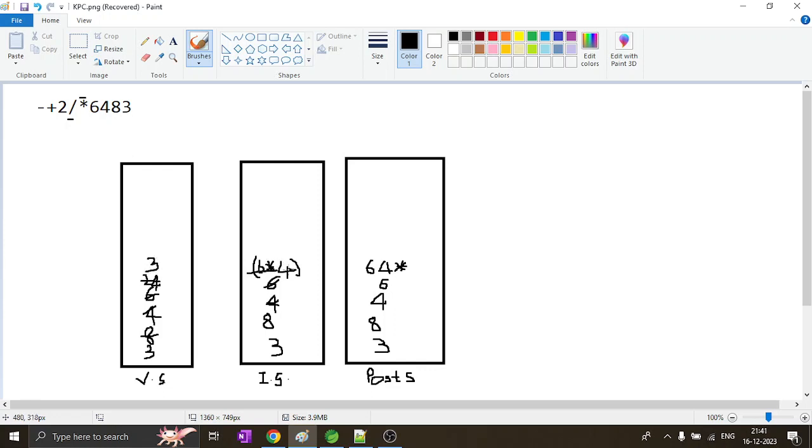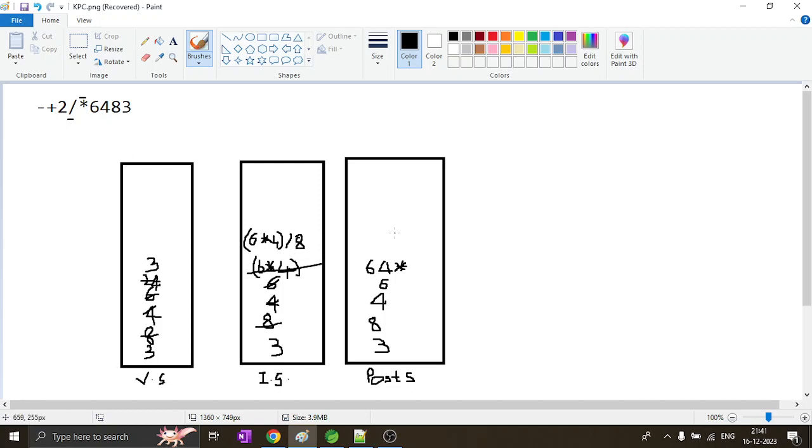And here also we will have v1 operator v2. The operator is this slash. So we'll have v1 as 6 times 4, operator is nothing but the slash, and v2 is 8.